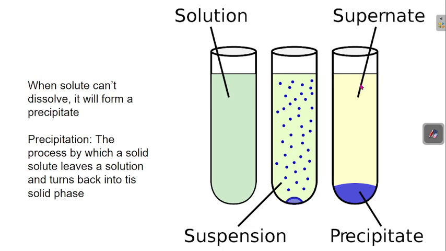It cannot dissolve anymore. That solute will go back to its original state, which was a solid, and precipitate. And that, I should say, is its solid phase, and it creates a precipitate at the bottom. So if you see precipitate at the bottom of your beaker or your test tube, that means that solution is supersaturated. It's taken as much solute as it could take, and everything else is accumulating at the bottom.